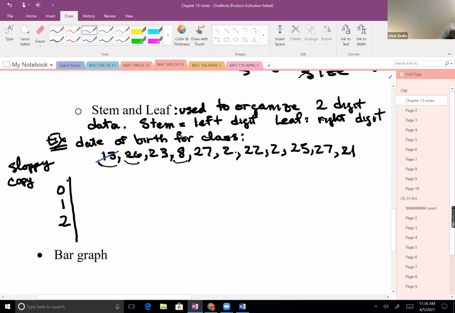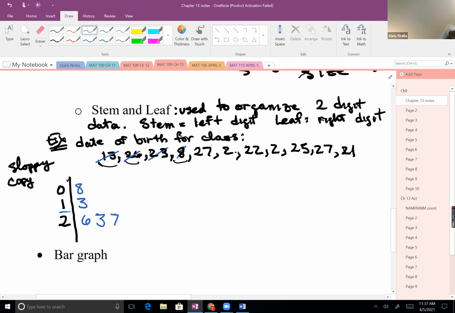The first number is 13. 13 would be in with the 10s. I would put 1, 3. Number 13 is 10 plus 3 or 13. Next, 26 would be 2, 6. Then 23, in the 20s row, I'd put a 3. Then just plain old 8, that would go next to the 0 because there are no 10s.